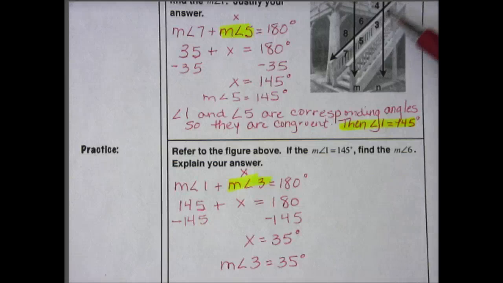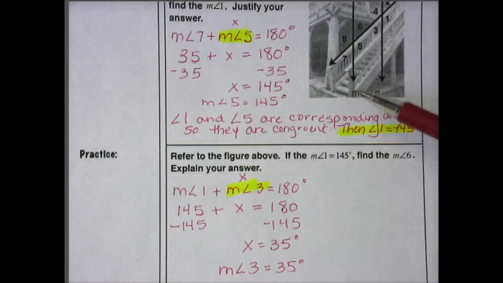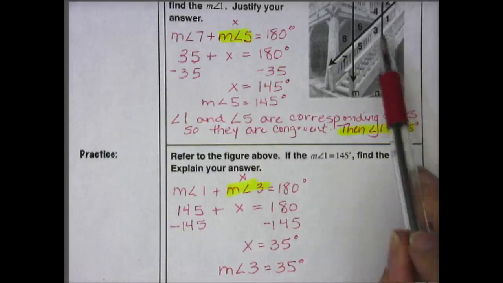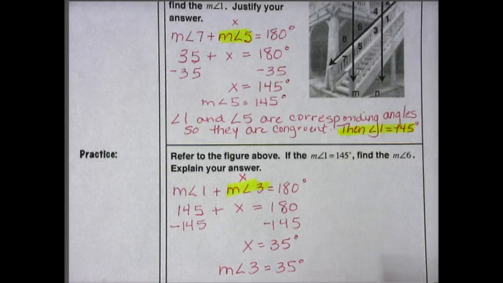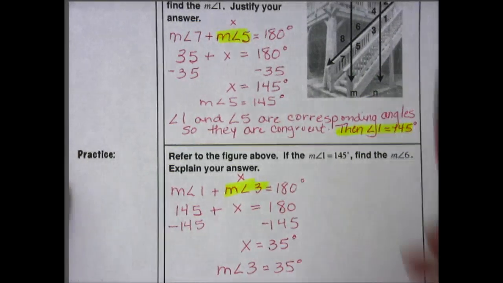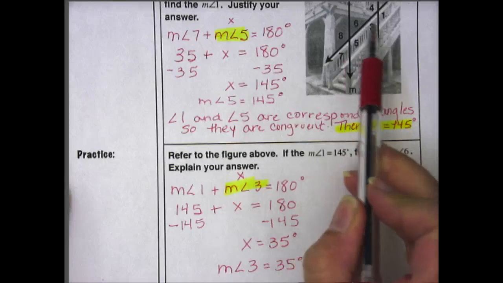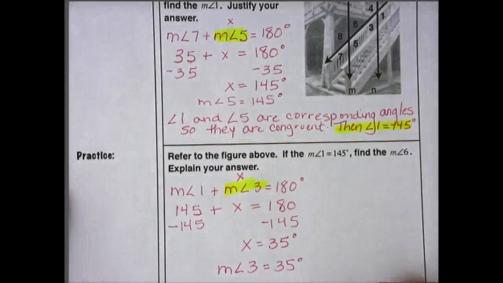Just by looking at angle 1 and angle 6, we know that they are not the same. So we know that angle 6 is not 145 degrees. We know that it could be 35 degrees because it looks similar to angle 3, but we have to figure out why angle 6 is 35 degrees. If you look at your special relationships in your notes, you'll notice that angle 3 and angle 6 are alternate interior angles.